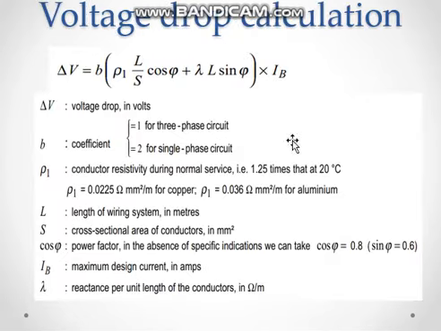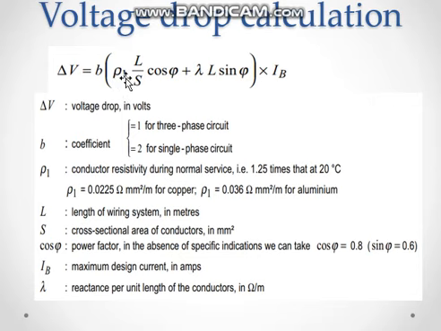So here is the formula that you can use while calculating the voltage drop. You can use voltage drop, which is equal to b. This constant b stands for 1 for 3-phase and also 2 for single phase. Then multiply with rho 1.